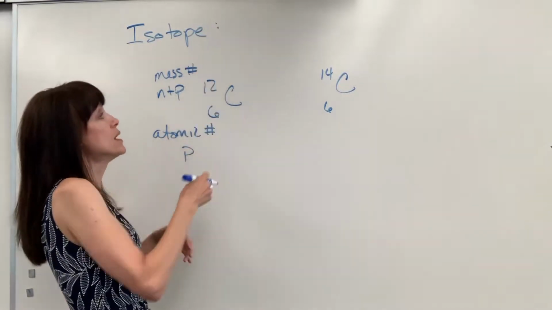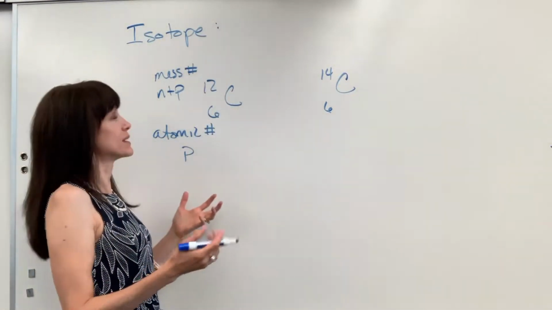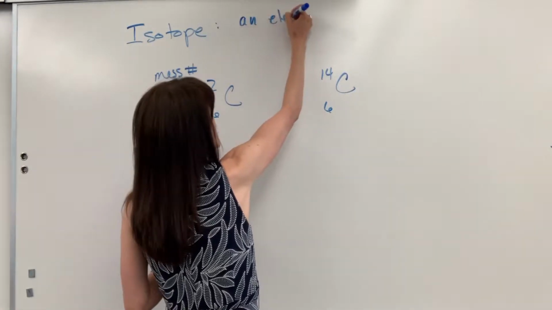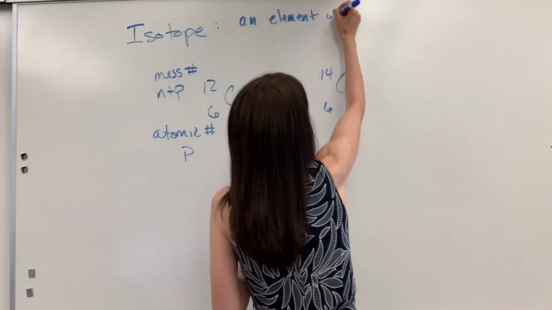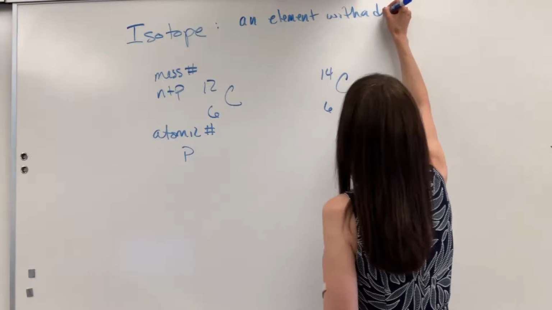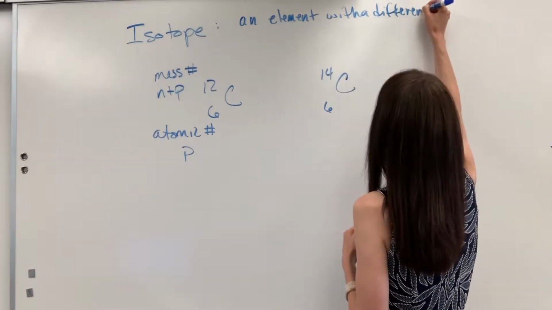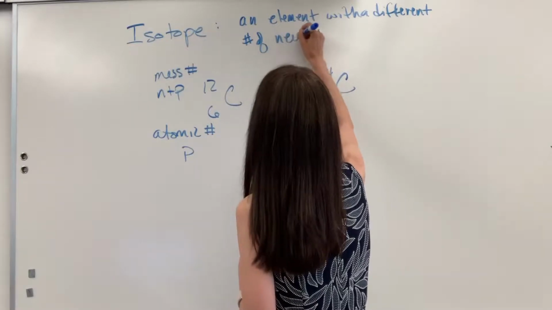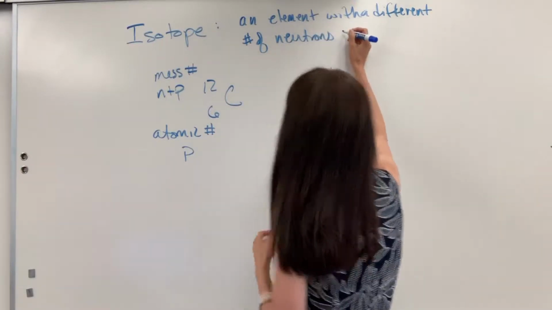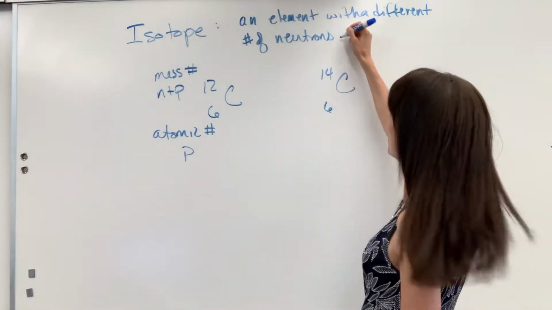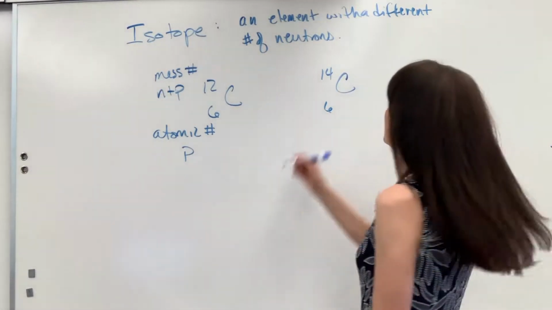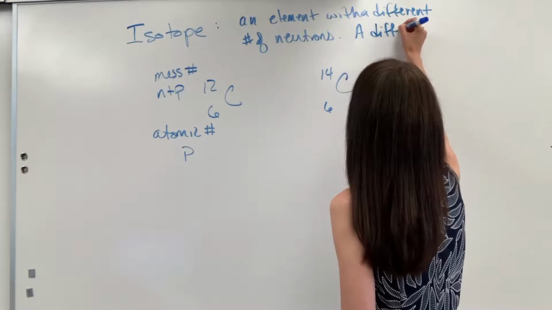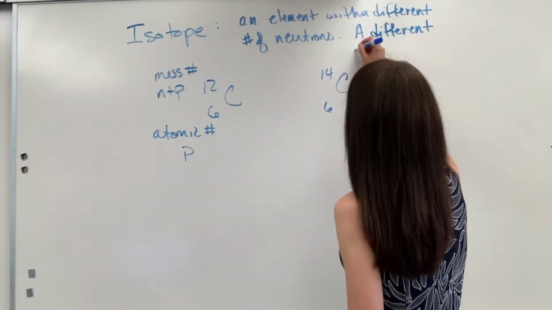An isotope, make this note, is an element with a different number of neutrons. Which means, the big takeaway is that it has a different mass number.